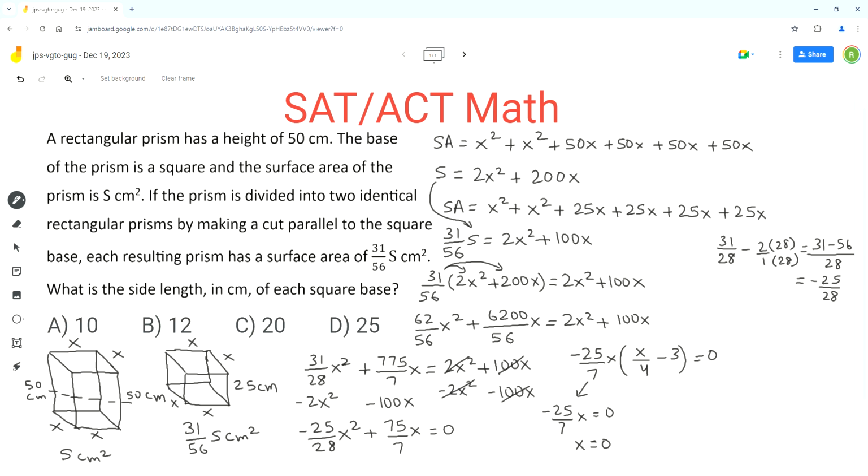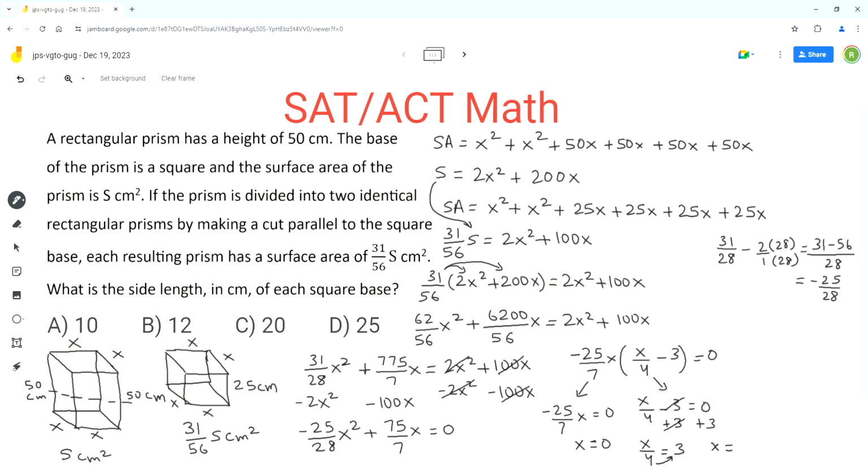Now we can analyze the second case. Now we have to isolate x, so we can add 3 to both sides. Next we can cross multiply the 4.